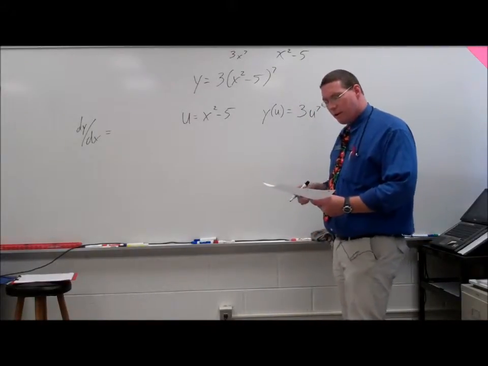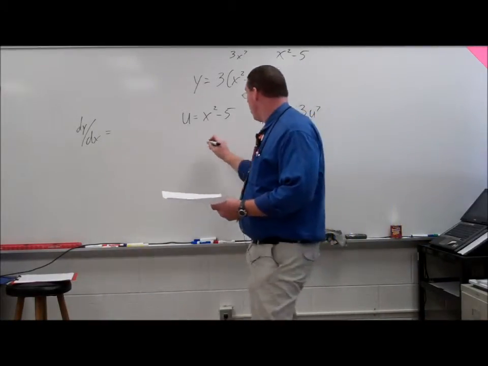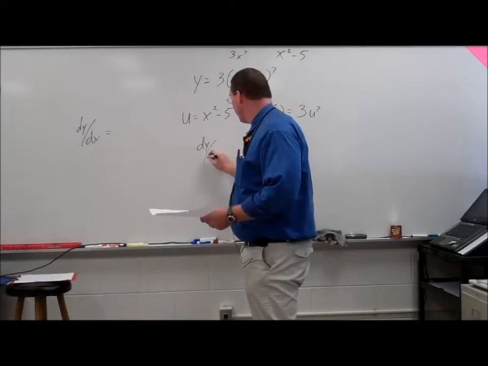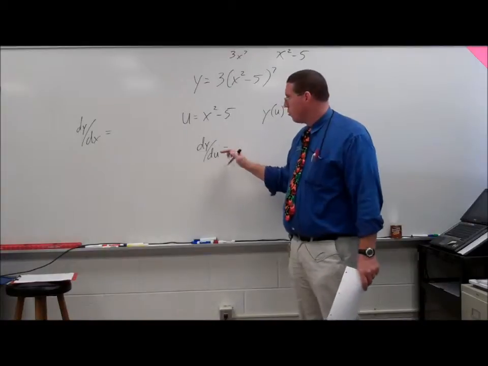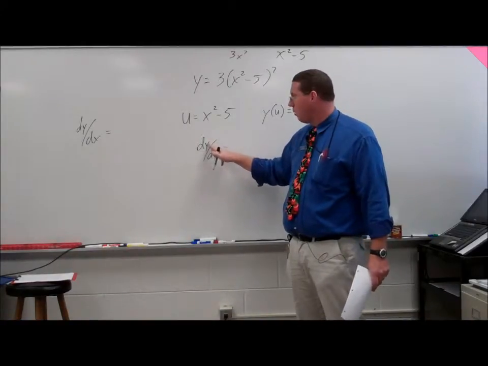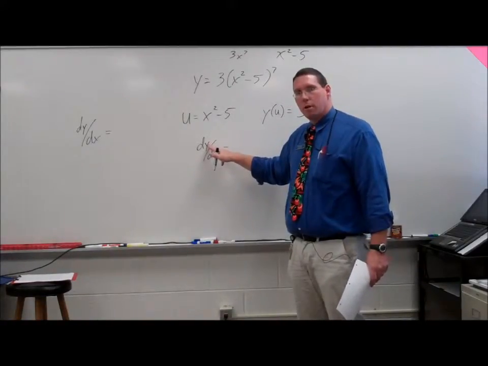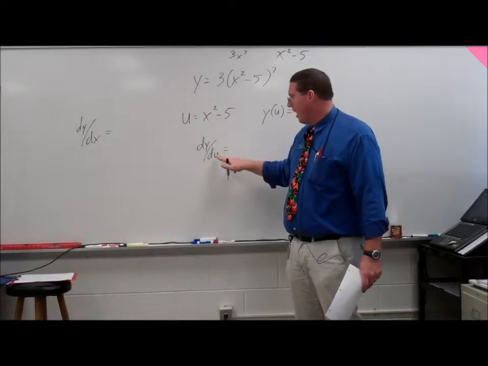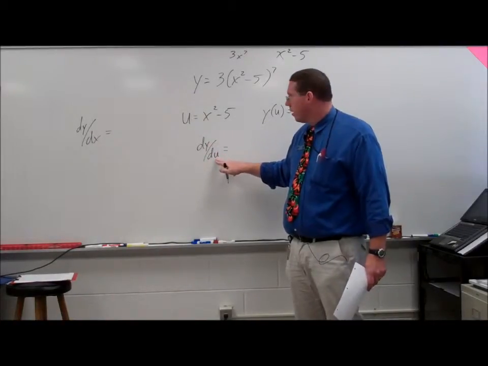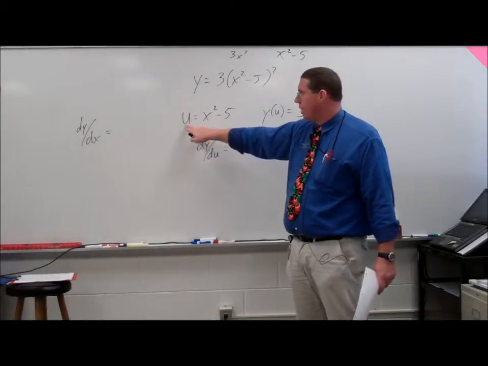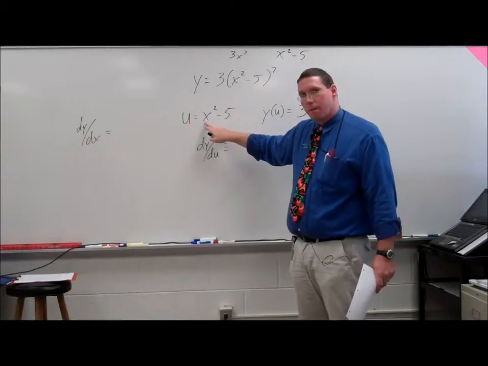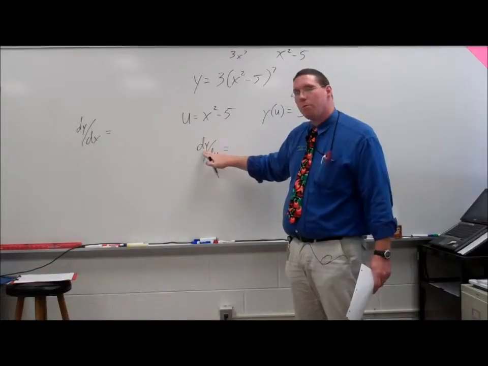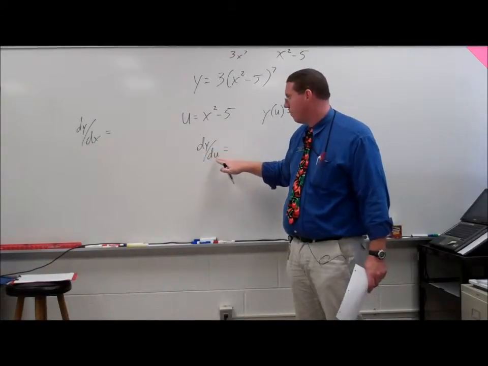Now, the next thing on the worksheet says, what is dy du? And anytime you see that, what you're looking at is this. You want the derivative of an output variable with respect to an input variable. Okay? Now, if we look at this function here, the output is u and the input is x. But we're looking for something that has an output of y with an input of u.